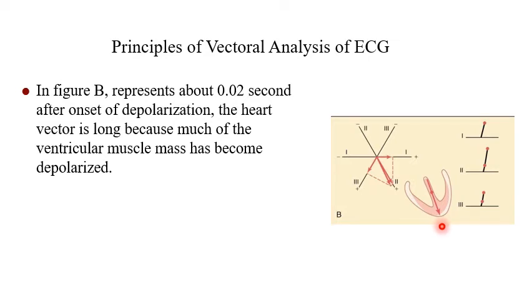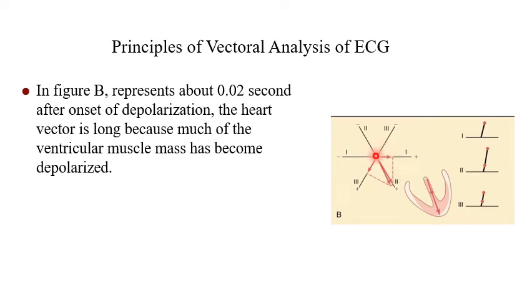Now let's see the projections on the three leads. We will just move the cardiac vector as is to the triaxial reference, and then we will draw perpendicular lines to get the projected vectors in the three leads as we have done in the previous slide.